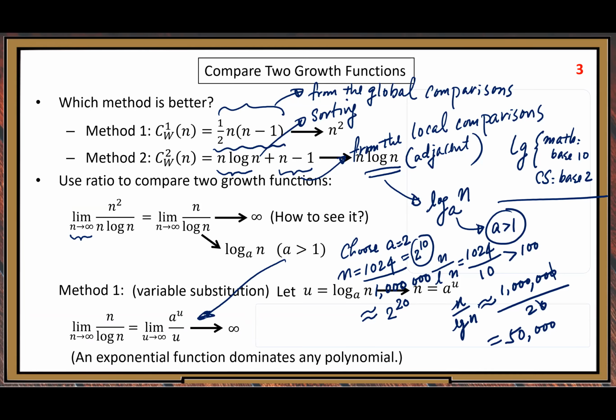We know an exponential function dominates any polynomial. Here, u is just a linear polynomial. So definitely a to the u dominates.